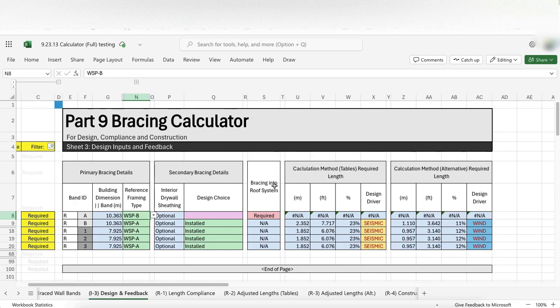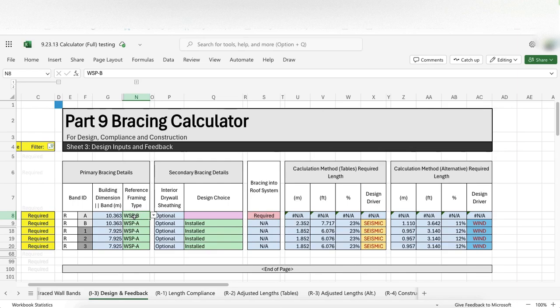The requirement stems from the fact that if you have, for example, an interior band and your WSPB is an interior band, the amount of force that panel is resisting per lineal foot cannot be adequately transferred into the roof system by the presumed drywall on the ceiling.